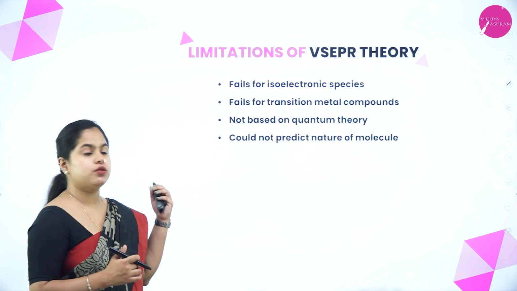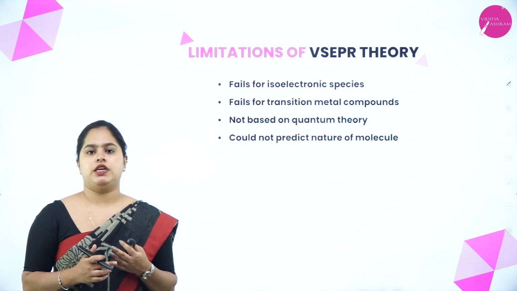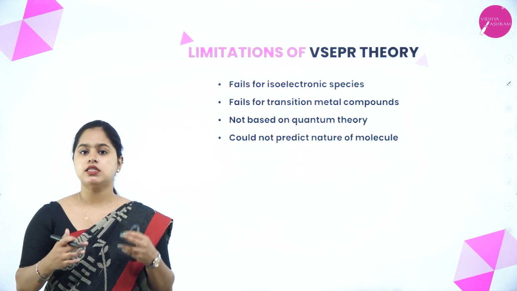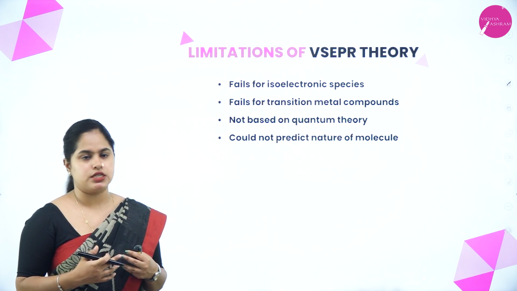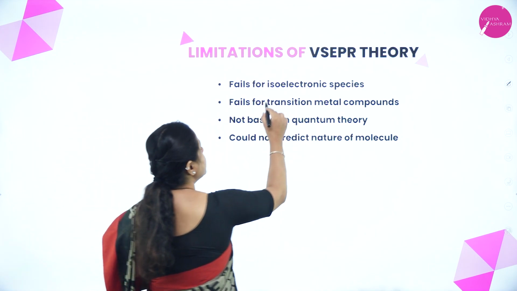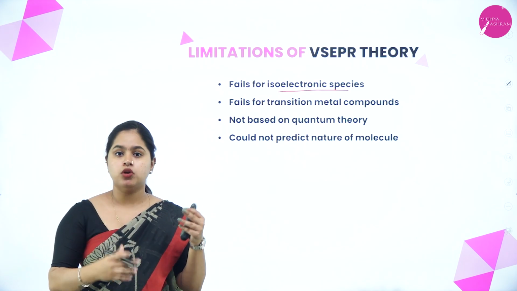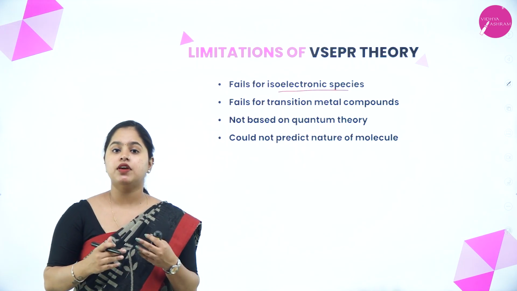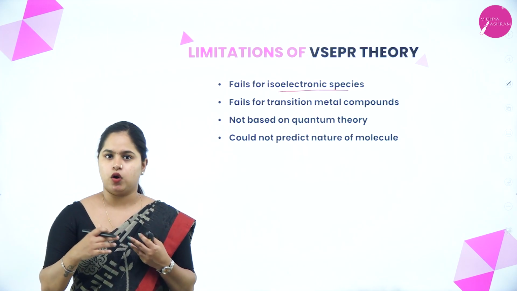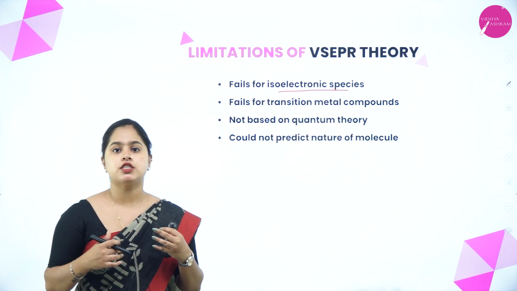theory. Now we are going to see the limitations of VSEPR theory. Even this had its own limitations. It fails for isoelectronic species. What is isoelectronic species? Those atoms or ions which have the same number of electrons. So it fails for isoelectronic species.